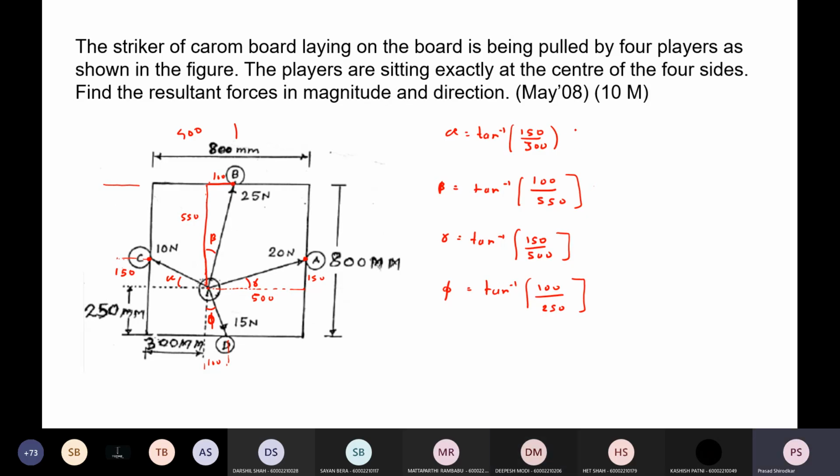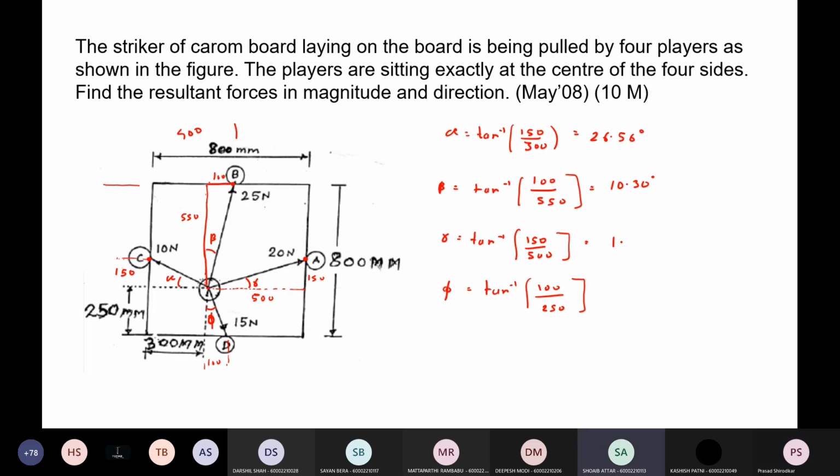So I will just write the angles, you verify. So alpha is 26.56 degrees. Beta is 10.30.